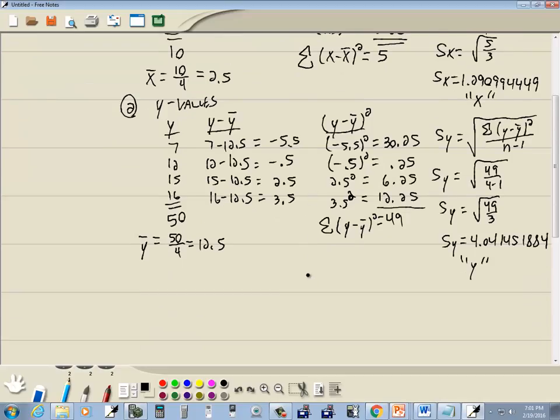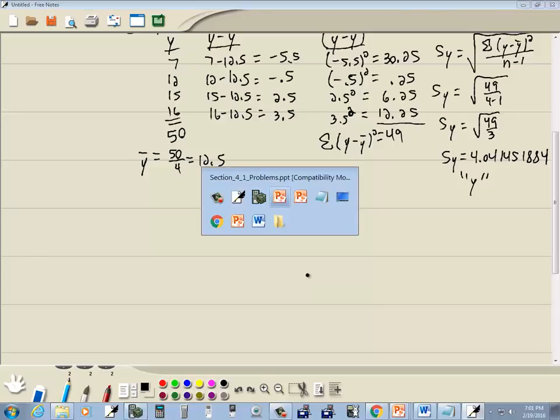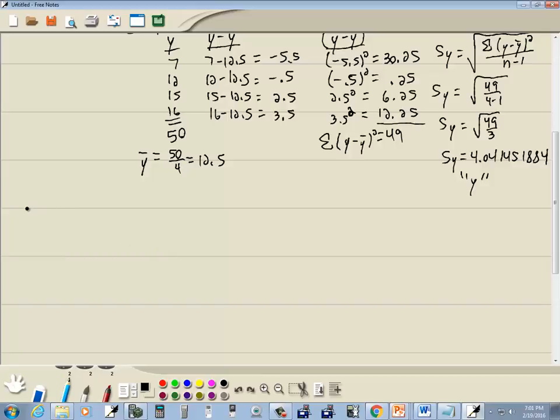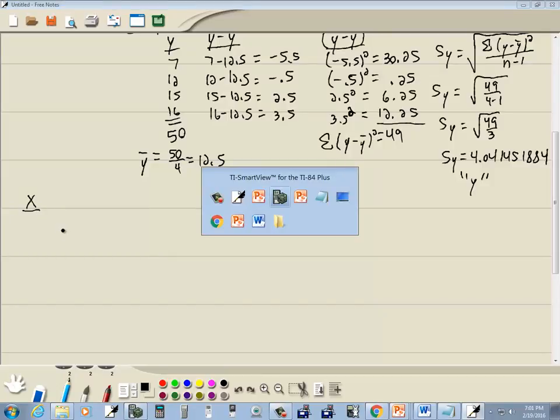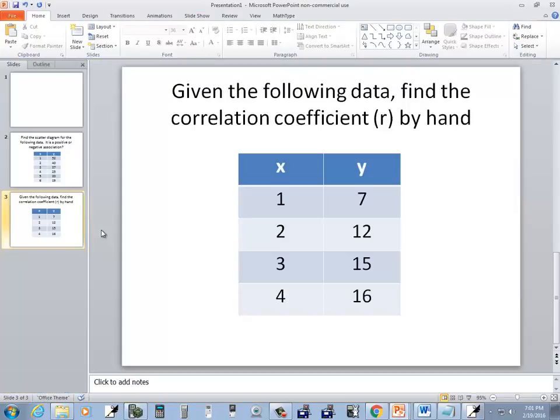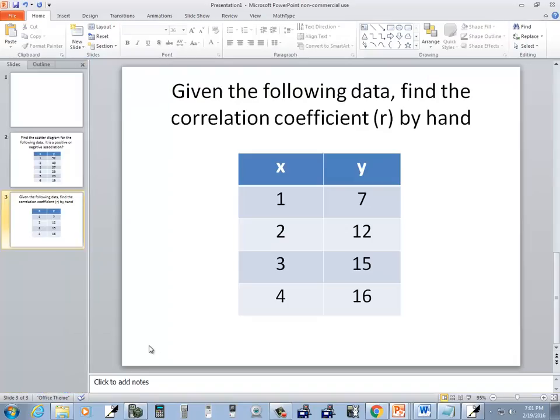Okay. Now we're ready for our formula. So it looks like I need x minus x bar, s sub x, and y minus y bar, s sub y. My x values are 1, 2, 3, 4, and my y values are 7, 12, 15, 16.